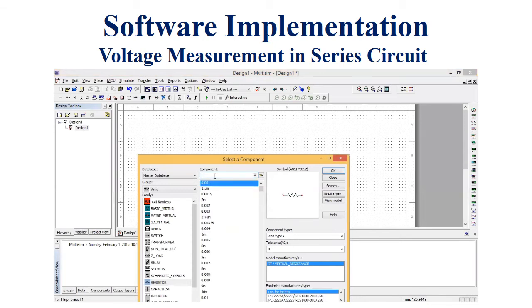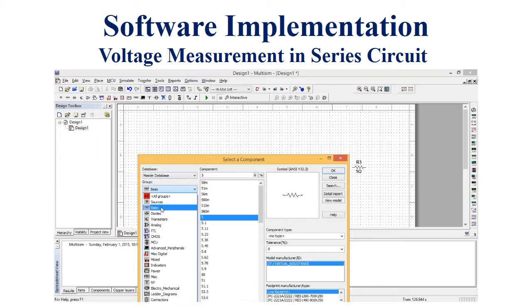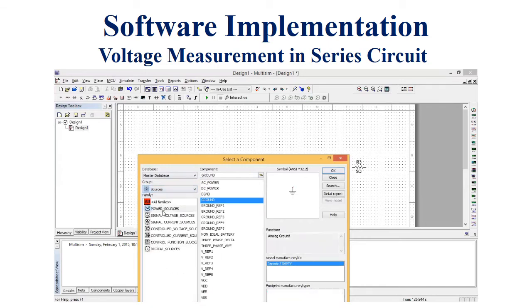Then pick the resistor of 3 ohm and place it. Then pick the resistor of 5 ohm and place it. Then moving towards the sources, then power sources, then pick the battery DC power and then pick ground.